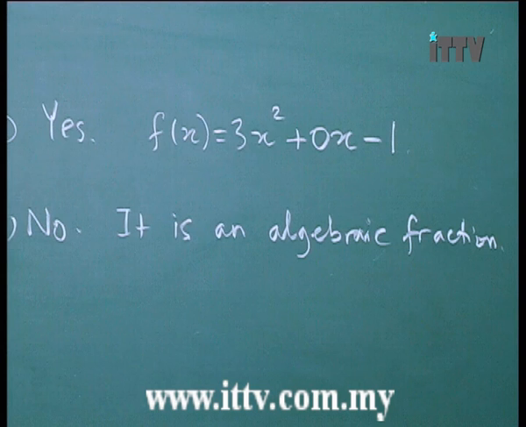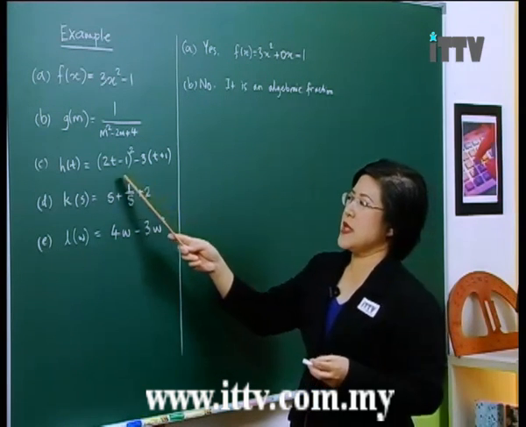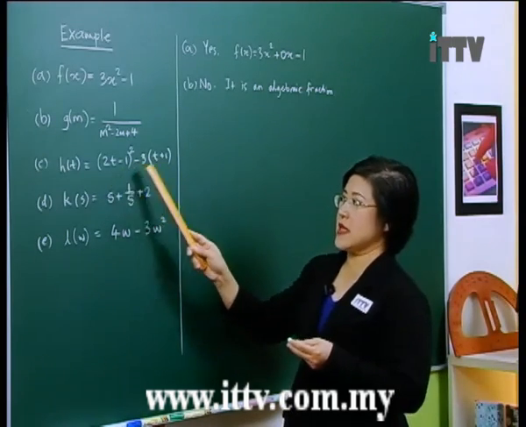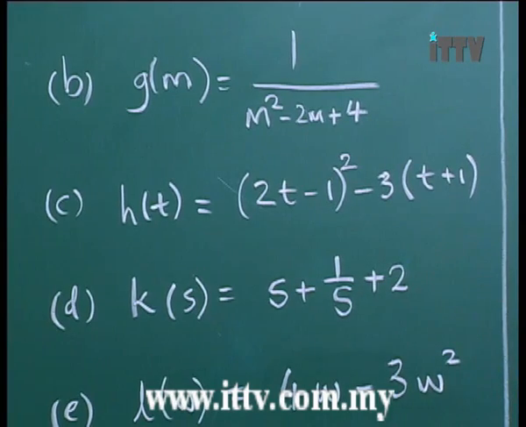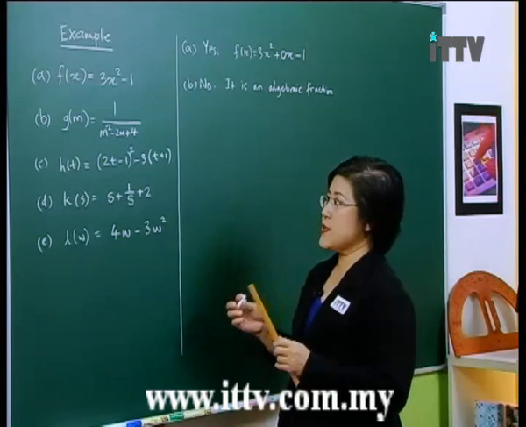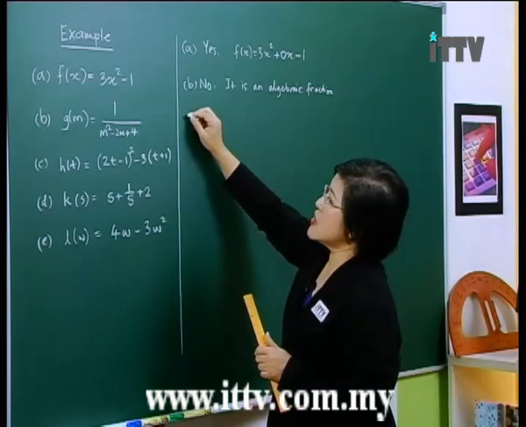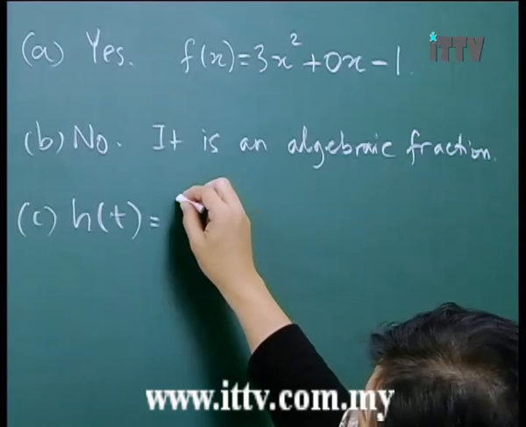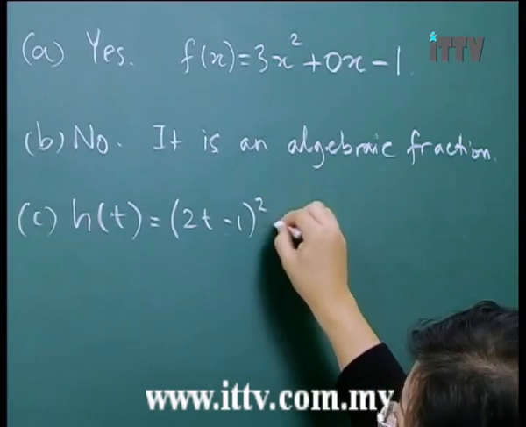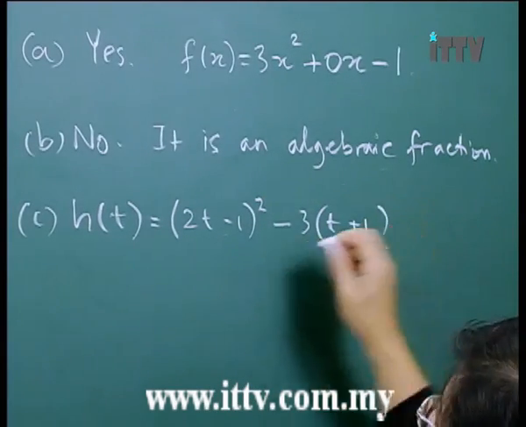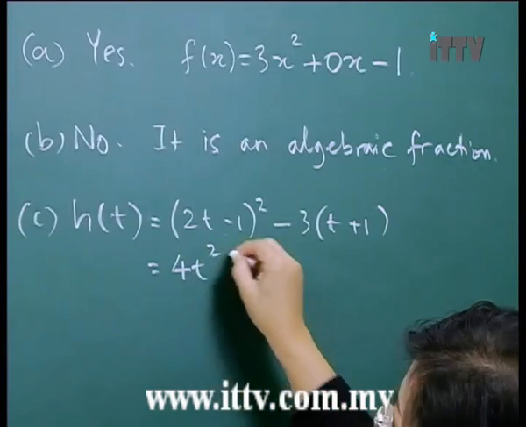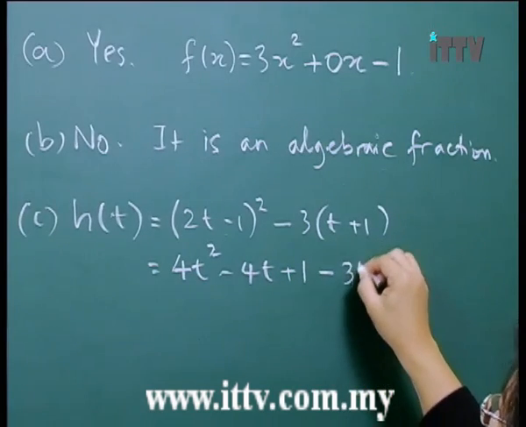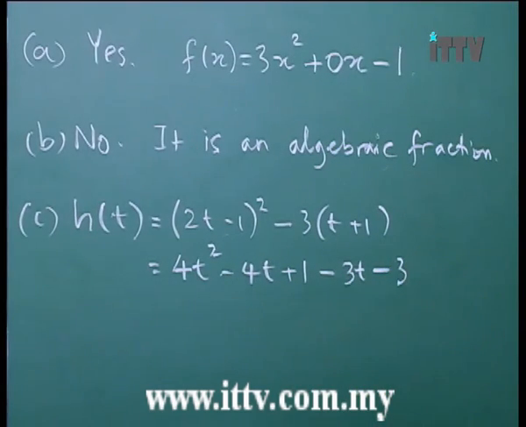How about part C? h(t) is made up of an expression which has not yet been simplified. If we expand the expressions in there, we find that we will be able to obtain an expression that contains t squared. Let's try it out together. h(t) is (2t minus 1) squared minus 3 into (t plus 1), and therefore when we expand it we get 4t squared minus 4t plus 1 minus 3t and minus 3 as well.